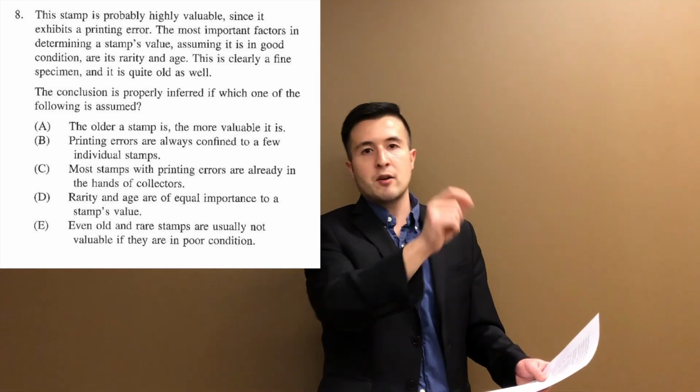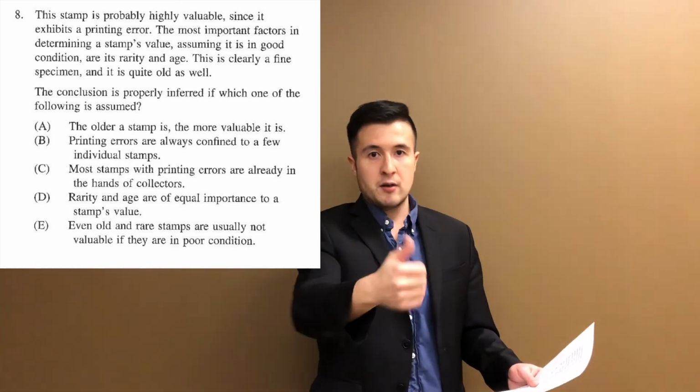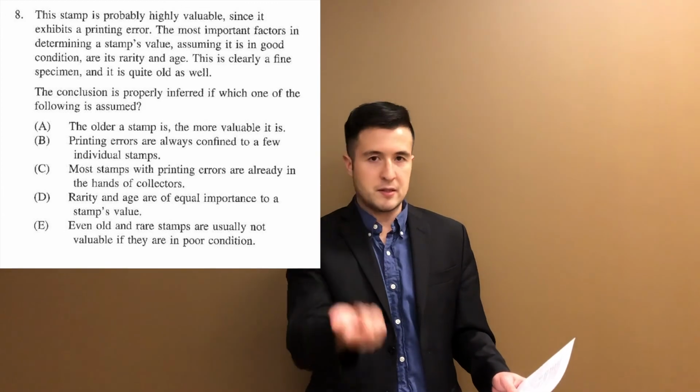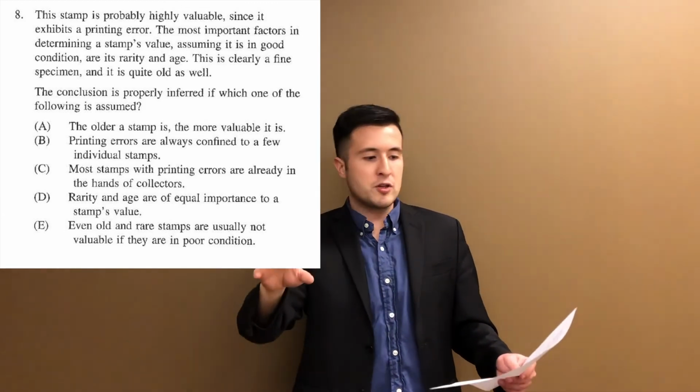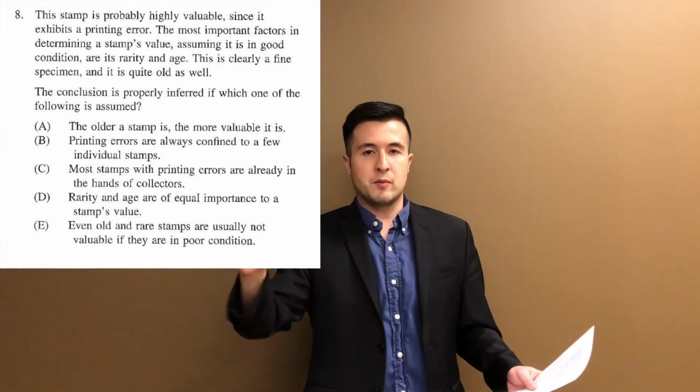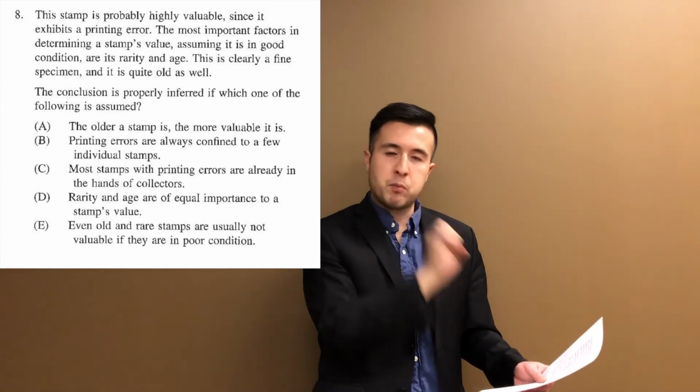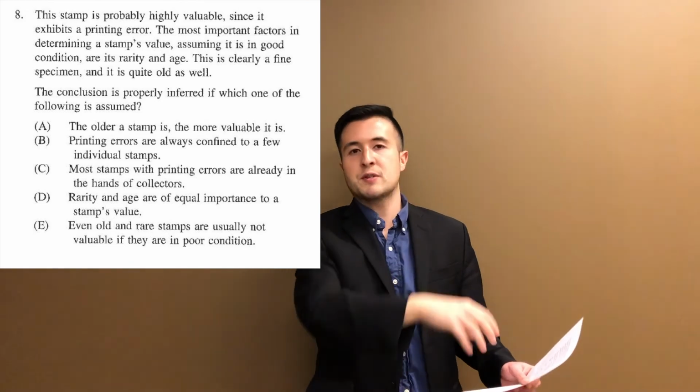So by doing that, we've proven that the stamp is rare. The support already tells us the stamp's in good condition and it is old. So from that, the conclusion being that the stamp is highly valuable naturally follows when we apply B, being the sufficient assumption, to the argument. So B is the right answer, and that's how you want to approach a sufficient assumption question.